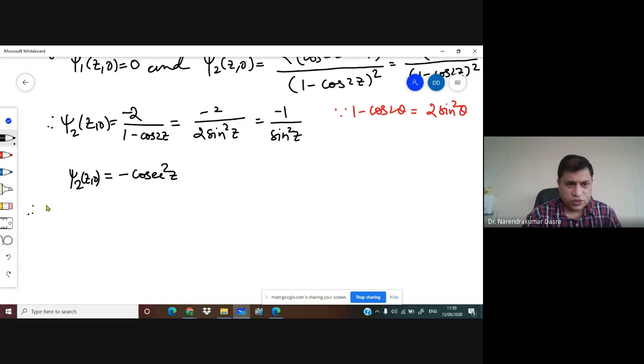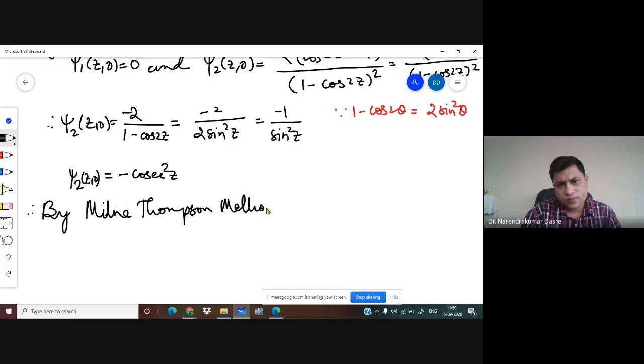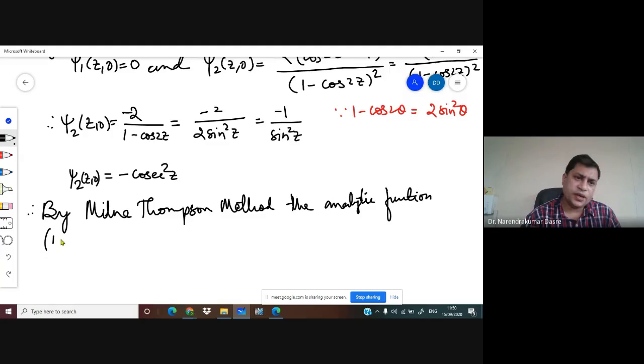So in the final step, by the Milne-Thompson method, the analytic function here is 1 plus i into f of z. Remember that these are the derivatives of capital V, and capital V is the imaginary part of 1 plus i into f of z. So you must be careful here.